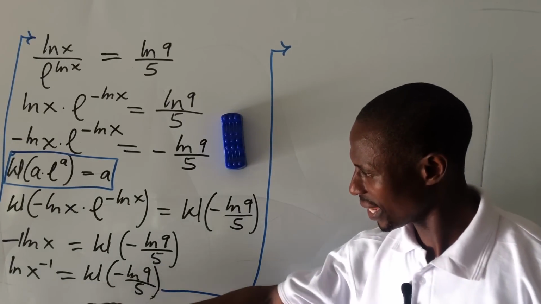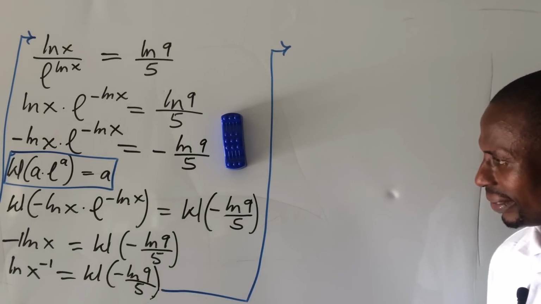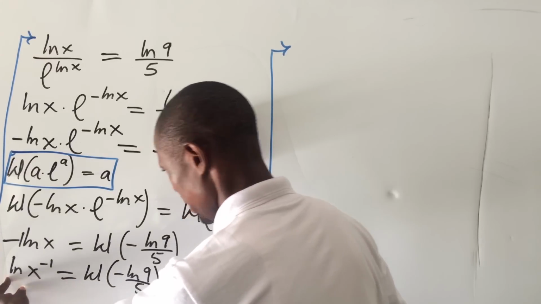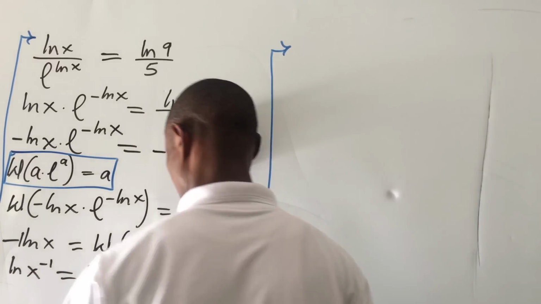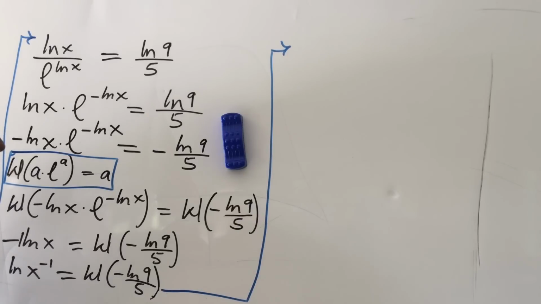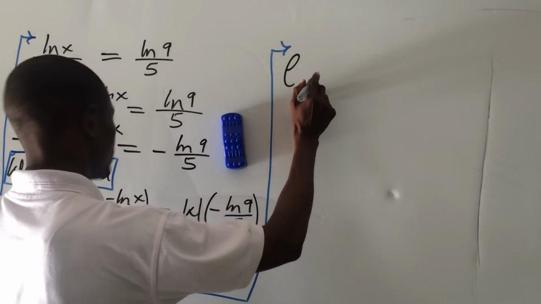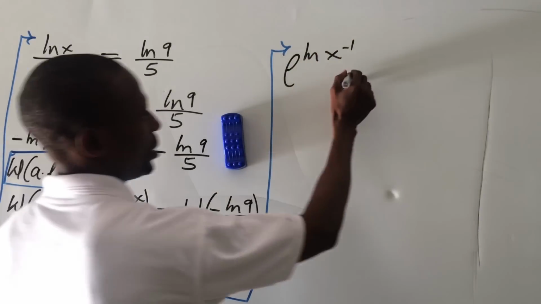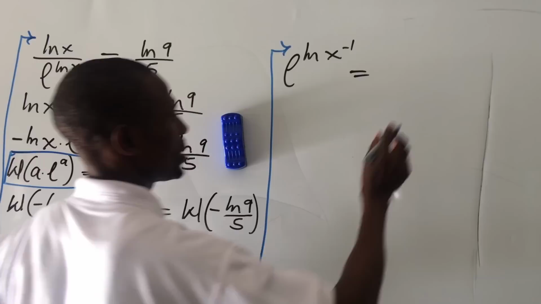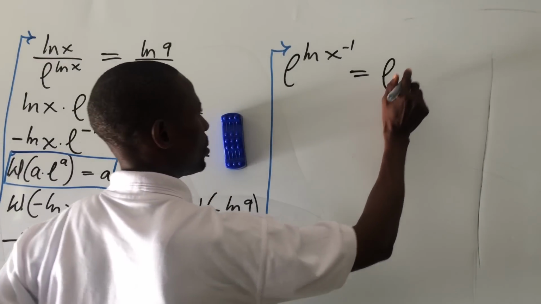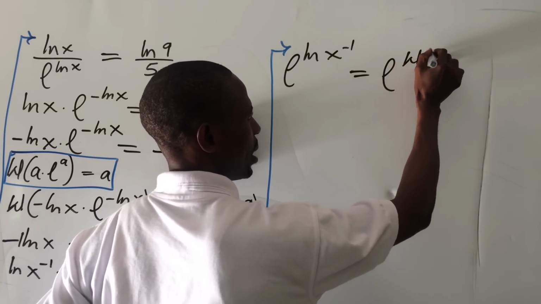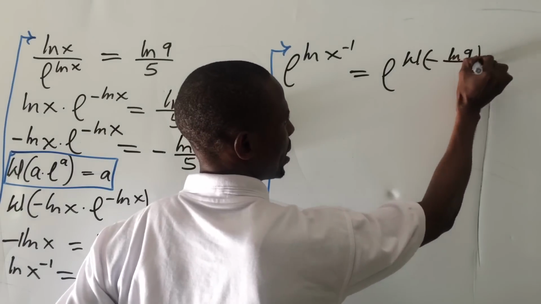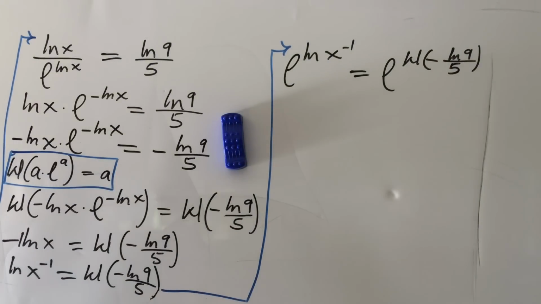So let's take a look at this now. How do we now get our x here? All I have to do is introduce e. I want to introduce e to this side, and at the same time to the other side. So we're going to have e to the power of ln of x raised to minus 1 equal to, we also do that to the other side, e to the power of the Lambert W of minus ln of 9, close bracket, all over 5.